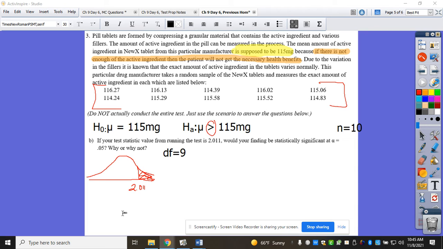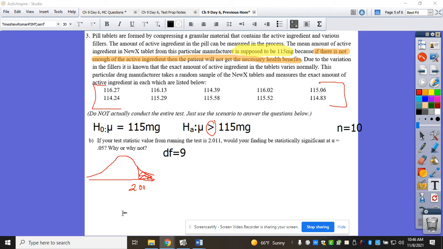Let's just talk through, make sure everybody understands, remembering the calculator notation stuff here. Where would I go in my calculator to do this? Second distribution and down to TCDF. And then your lower is going to be 2.011.